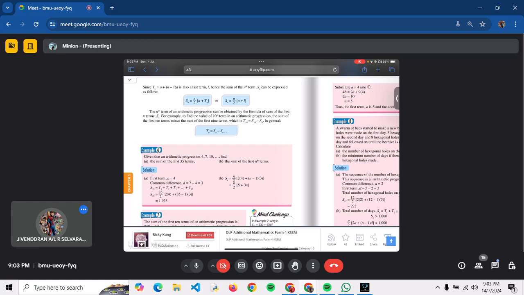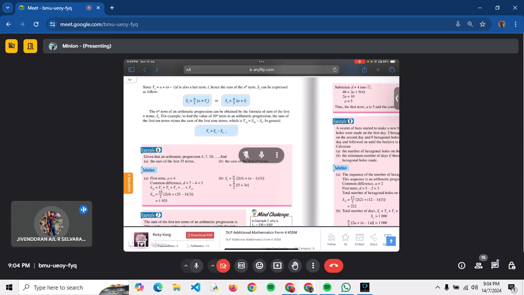Given an arithmetic progression 4, 7, 10 and so on, find the sum of the first 35 terms. What they're trying to say here is to find the total sum of the first 35 numbers in the sequence. So we know the first term a is 4, and the common difference we have to find, which is the second term minus the first term. We get 7 minus 4 equals 3.